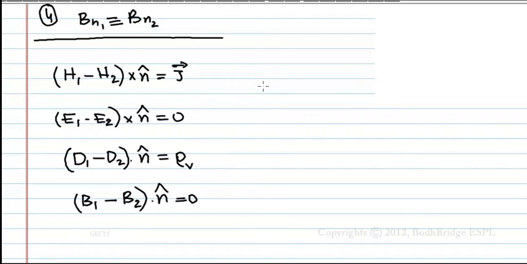These are correct. Why? H1 can be written as H tangential plus H normal into the normal component, right? And cross n cap is what? Tangential cross normal is sin theta, which is sin 90, therefore HT will remain.